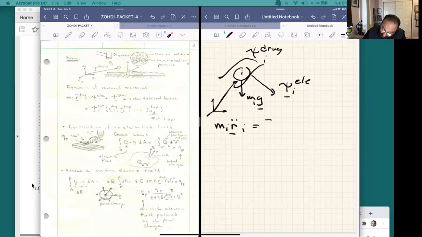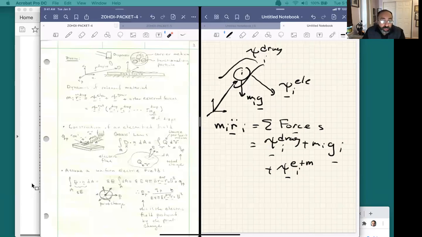This is equal to the summation of all of the forces. And the summation of the forces in this case is going to be the drag forces due to any surrounding fluid, the gravitational forces, mass times gravity, and then of course, electrical forces. And electrical, I'm being a little bit cavalier here. It should be electromagnetic forces because it could be a possibility that these are using also magnetic inks and things like that.